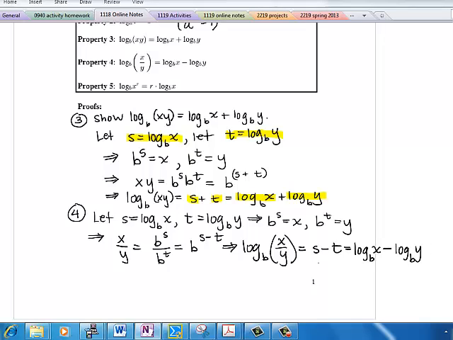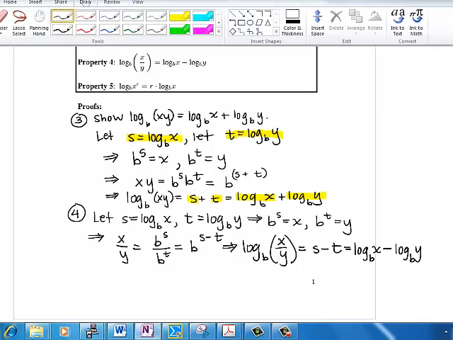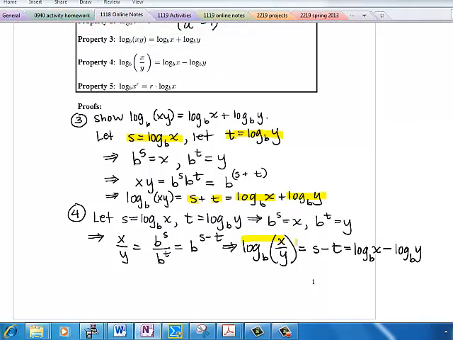So we have what we wanted to prove. The log base b of this quotient is the log base b of the numerator minus the log base b of the denominator.